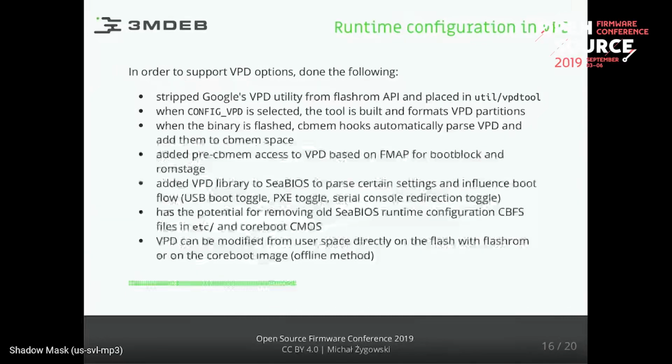Because in the case of vboot and multiple CBFS partitions, it becomes just unusable, because we cannot read from the target partitions as we like. The VPD is a much more convenient approach.